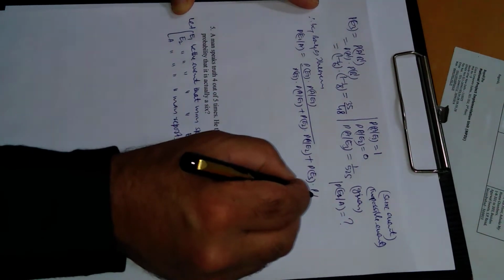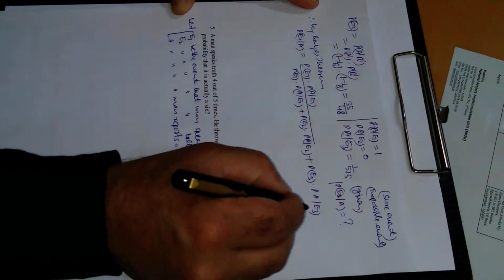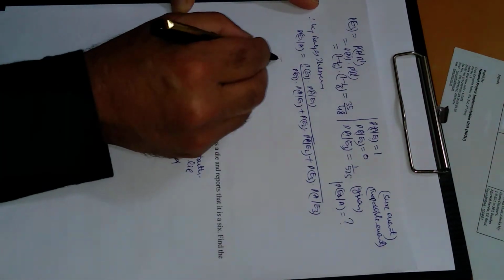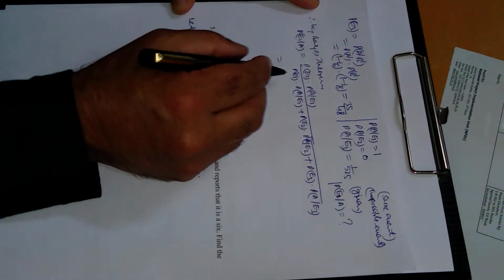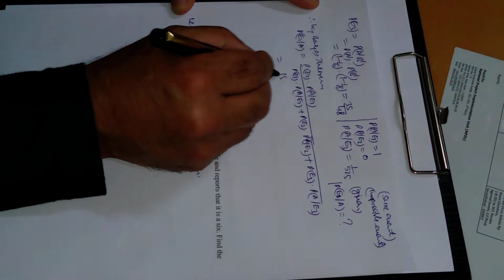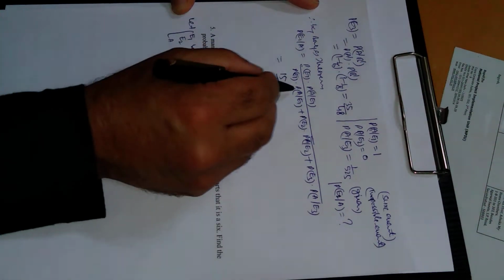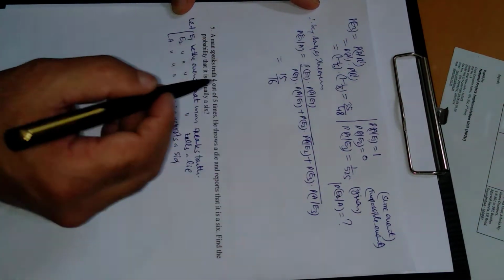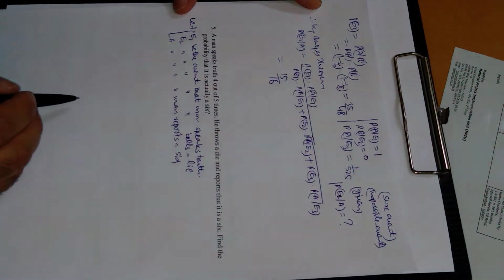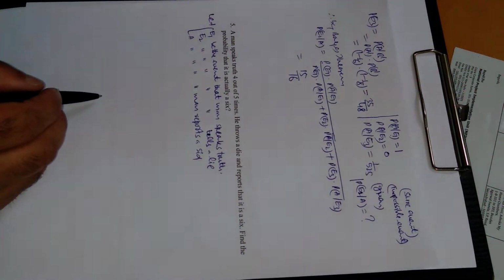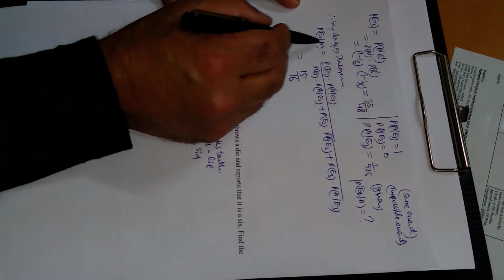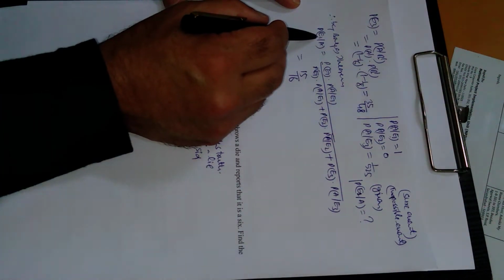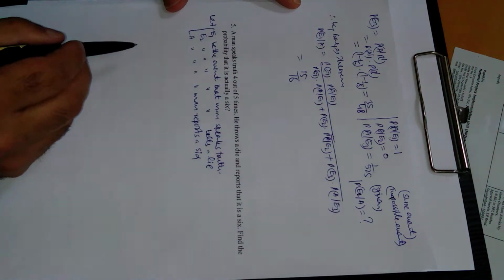Just substitute the values of all of these probabilities, because E1, E2, E3 we have evaluated and these are also evaluated, and on simplification this will come out to be 15 upon 16. Alright, so this will be the probability that the problem is solved correctly and they get the same answer.